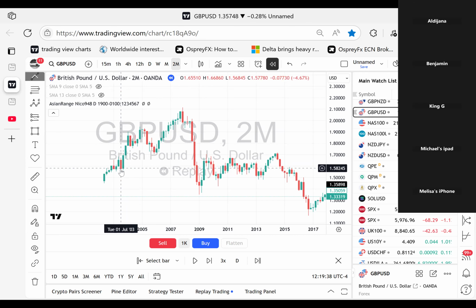You got a small red candle, a larger green candle. That's the signal that the market is going to go up. If you got a small green candle and a larger red candle, it's a signal that the market is going to go down. Does that make sense? Yes, it does. And those are order blocks.